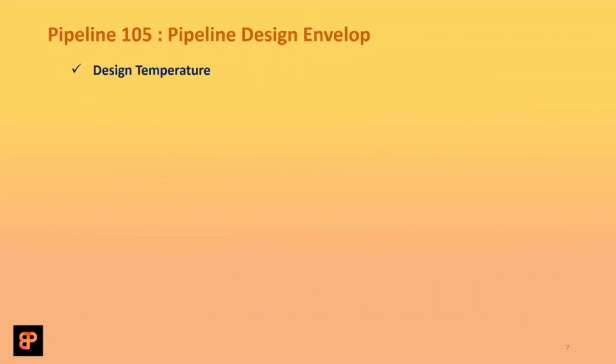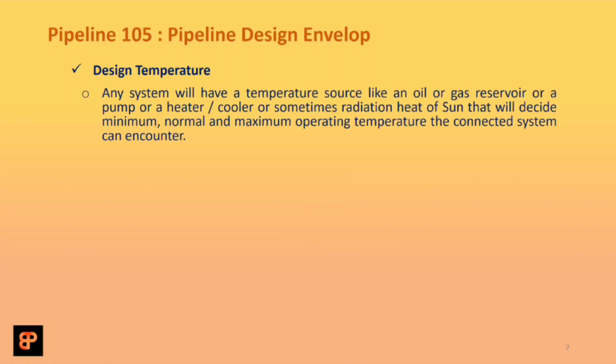Now let's move to the second important parameter of the design envelope, which is temperature. So design temperature: similar to what we saw with pressure, similar sources will be there for temperature. Reservoir fluids can come with high temperature, or the pump or compressor can have certain temperature values at its exit, or sometimes there could be a heater or cooler in the process facility.